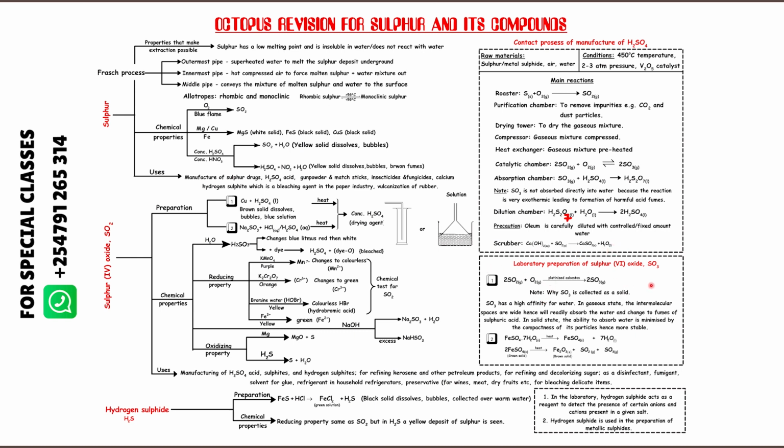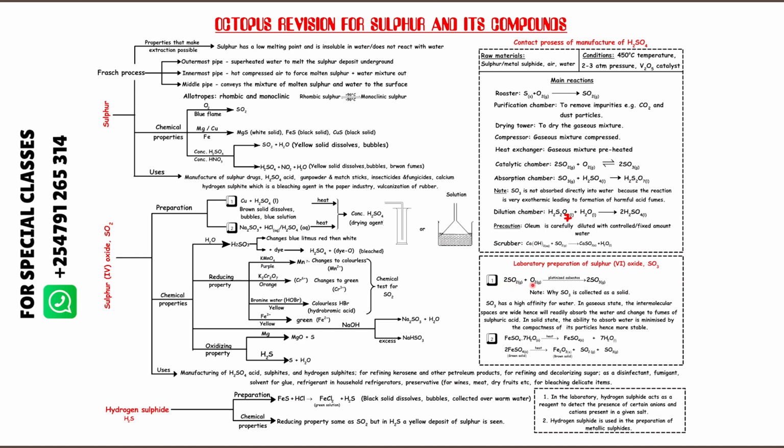Then finally, the other gas that I have not handled is the laboratory preparation of sulfur 6 oxide. The sulfur 6 oxide is prepared by reacting sulfur oxide gas with oxygen gas. This is the only gas whose reagents are only gaseous reagents, and is collected. Now, remember, you use platinized asbestos.